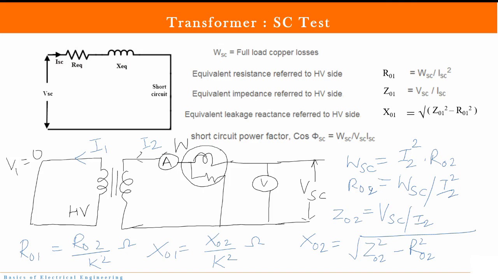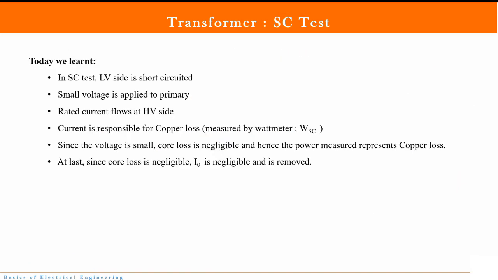So let us summarize today's lecture. We learned that in the short circuit test, the LV side is short circuited and a small voltage is applied to the primary. Now rated current flows at the high voltage side, because in the no load test the no load current was very small.